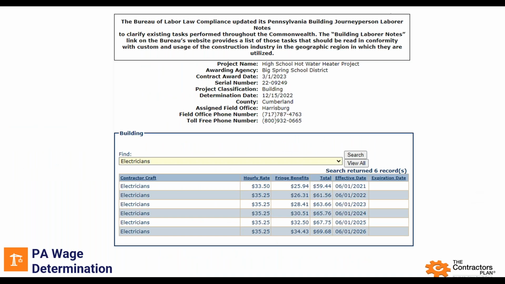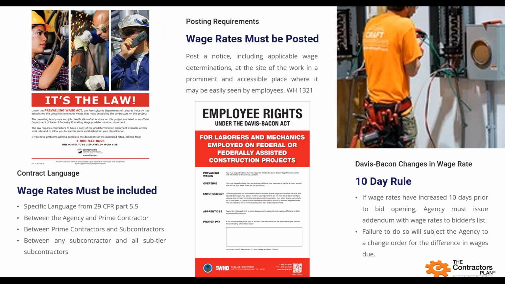Here is a specific state prevailing wage out of Pennsylvania, again, Cumberland County as an example. So you see there's slight differences, but very, very similar. So a couple of suggestions here. Contract language, assuming this is a Davis-Bacon Act, that specific language from 29 Code of Federal Regulations Part 5.5 must be in the bid.